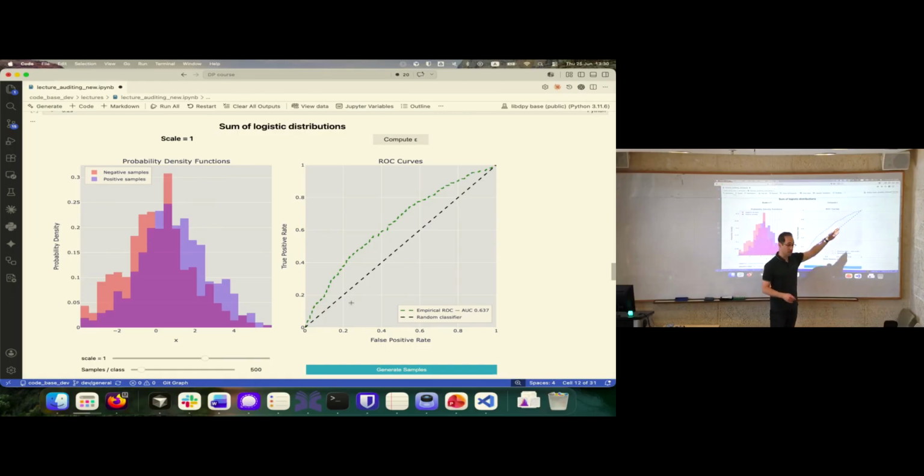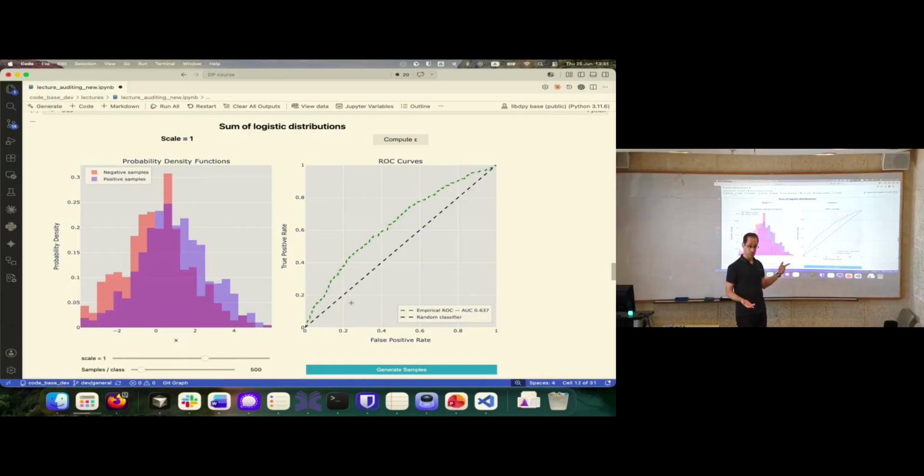I can make all sorts of guesses at different points. Basically, every point here corresponds to some threshold on the x values. I say any output that is above it, I would guess the blue distribution. Anyone below it, I would guess the red distribution. I would have some true positive rate and some false positive rate. That's a point.